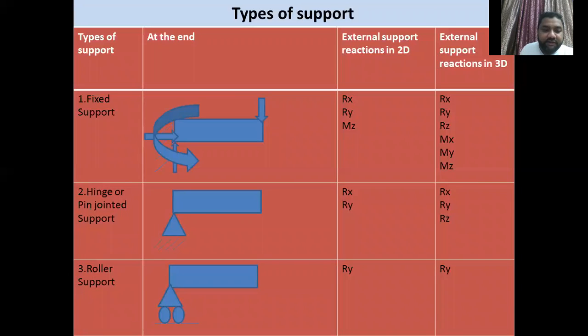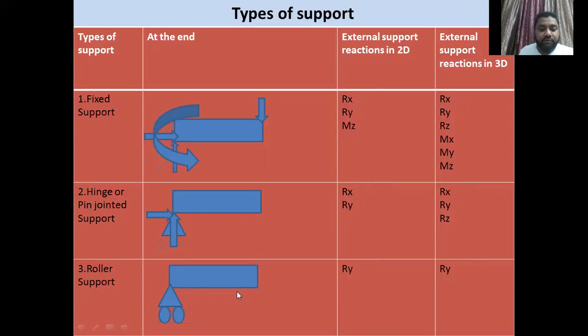So that's why there will be two reactions: one is the vertical reaction, another is the horizontal reaction. So I have taken, in case of a 2D problem, only Rx and Ry, and in case of a 3D problem, Rx, Ry, and Rz. So if there is a hinge support or pin jointed support in your problem, then for a 2D problem, the external support reactions will be two: Rx, Ry. For a 3D problem, it will be Rx, Ry, and Rz.